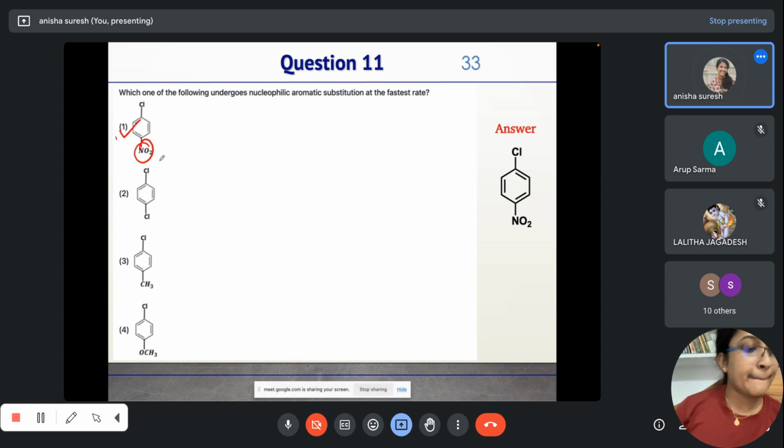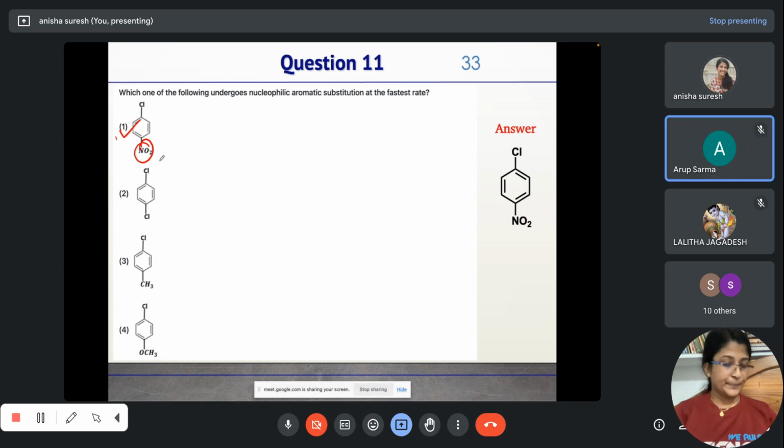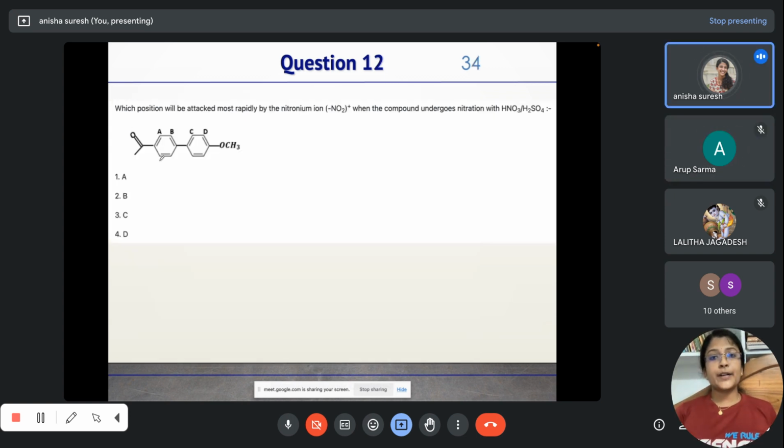Any doubts? No, ma'am. Okay. Now coming towards question number 12. Which position will be attacked most rapidly by the nitronium ion when the compound undergoes nitration with HNO3 H2SO4? Option D. Option D is the correct answer.